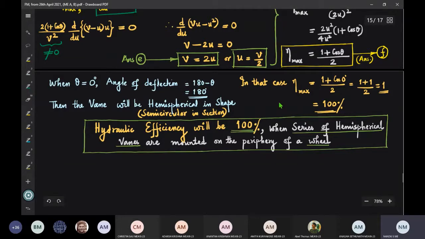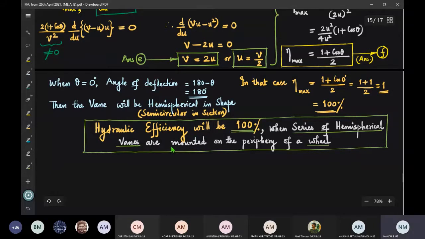Remember, the angle of deflection in this case is 180 degrees, the vane tip angle theta is 0, and the vane shape is hemispherical and semicircular in section.